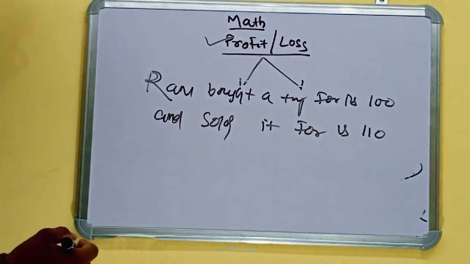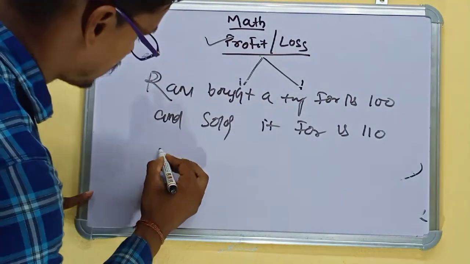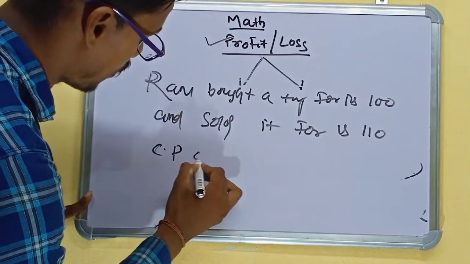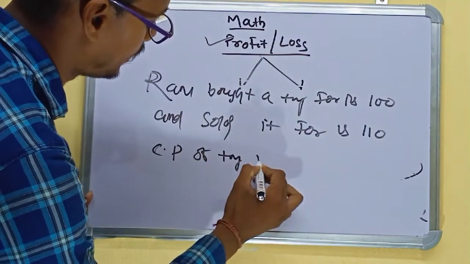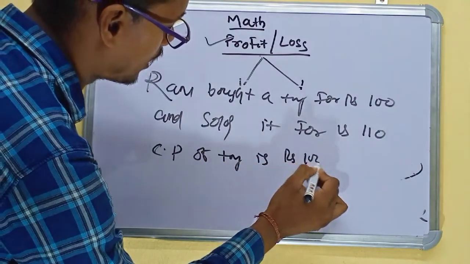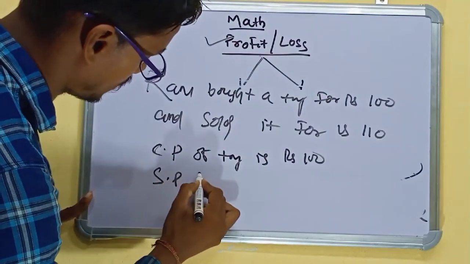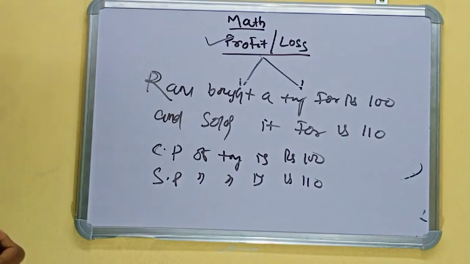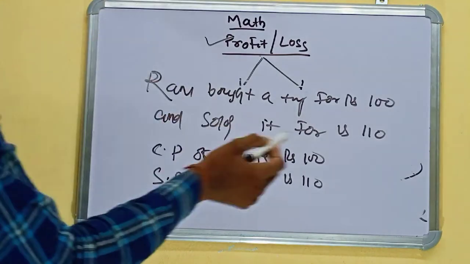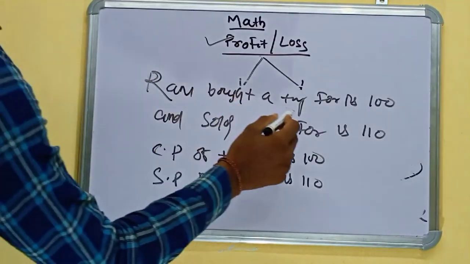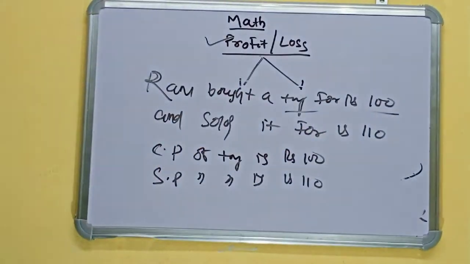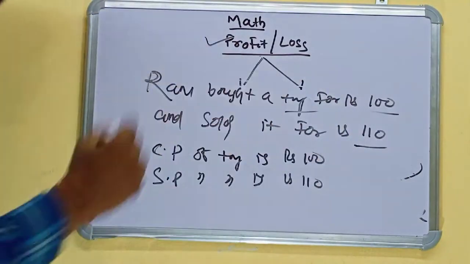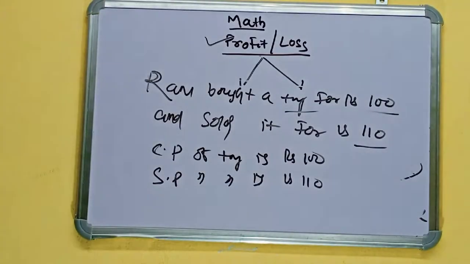Then here CP of the toy is rupees 100 and SP of the toy is rupees 110.